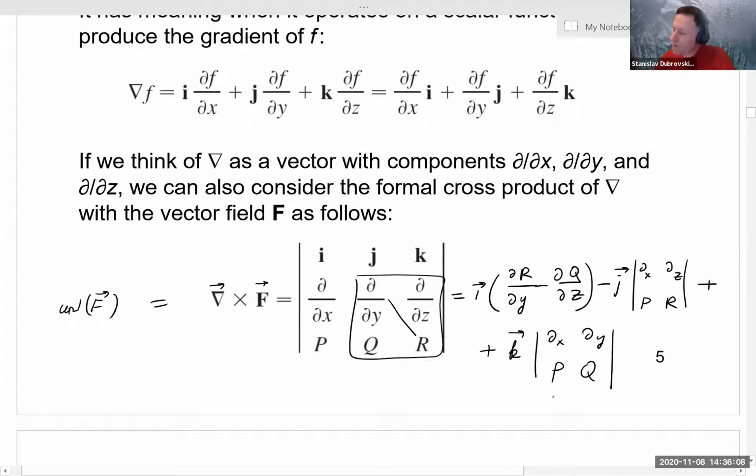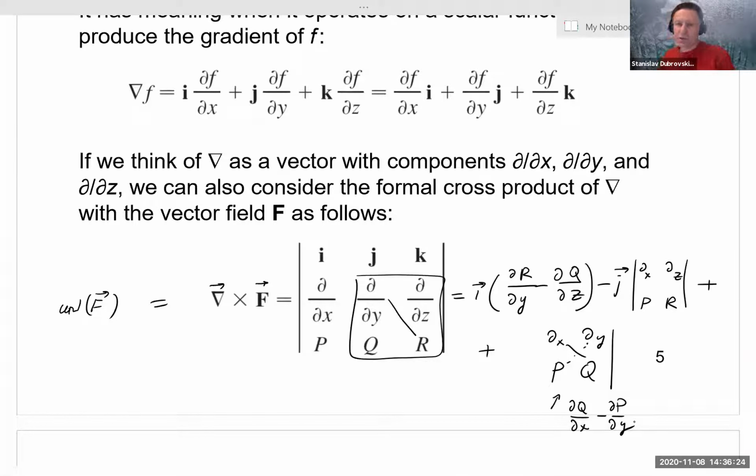So this last one is the familiar dQ/dx minus dP/dy from Green's theorem. But that's only because in Green's theorem, we were looking at a vector field which was defined on the plane, so the third component was equal to 0. Okay.